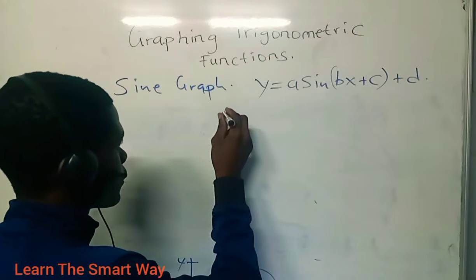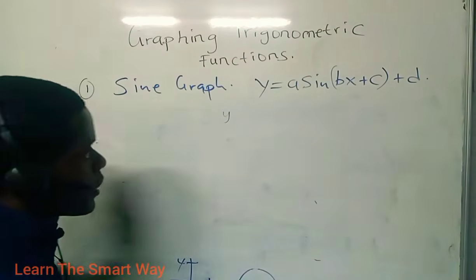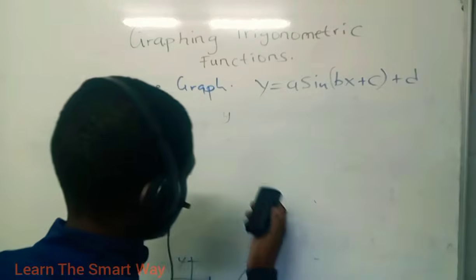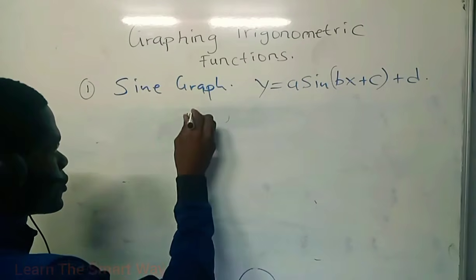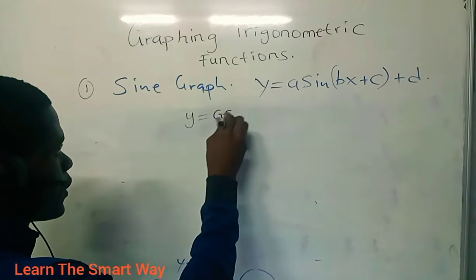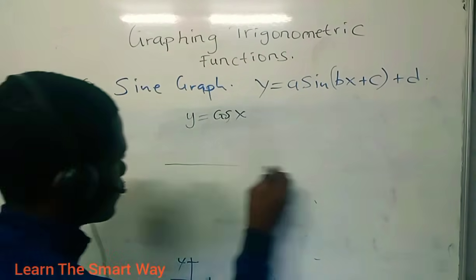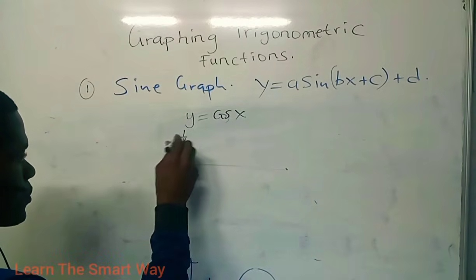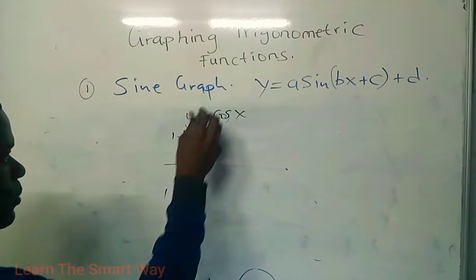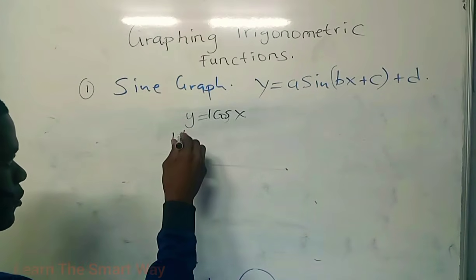So if you just know the basic cosine function, then you're good to go. The basic cosine function, cos x, actually moves like this. Instead of starting from 0, it will start from the amplitude. Okay, so in this case the amplitude is 1, so it will start from there.